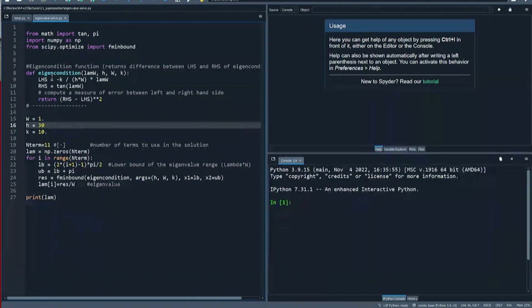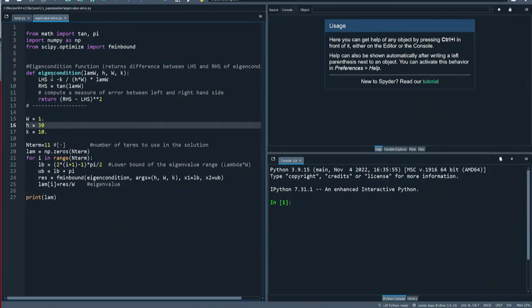So here what you need to do is you start off by defining some function that gives you back the error between the left-hand side of your eigen condition and the right-hand side. So the left-hand side we said was minus k times lambda over h.